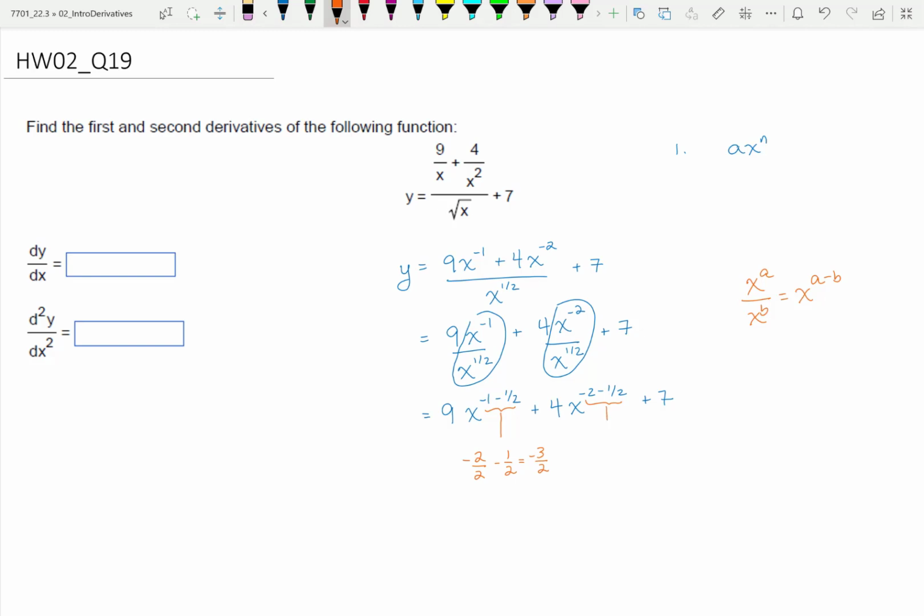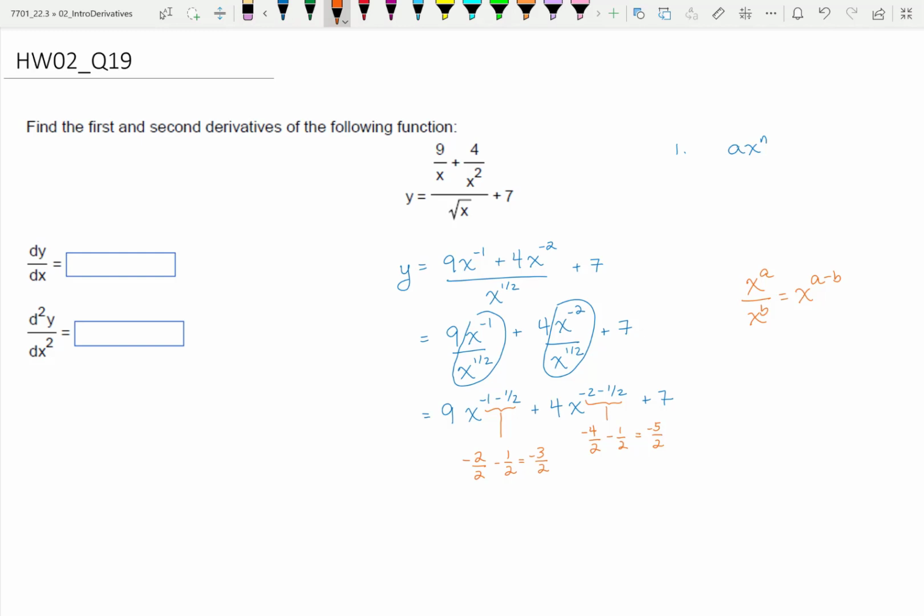And over here for this exponent, I can combine those. Negative 2, I want the denominator of 2. So that's going to be multiplying both the numerator and the denominator by 2. So I have negative 4 halves minus half. And that's going to give me a total of negative 5 halves.